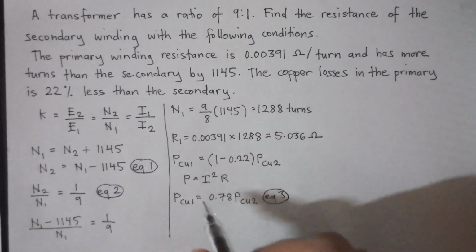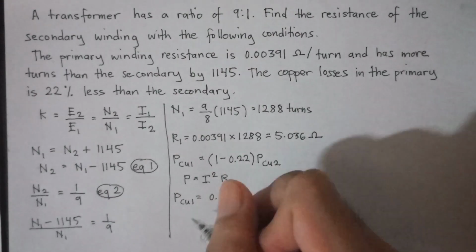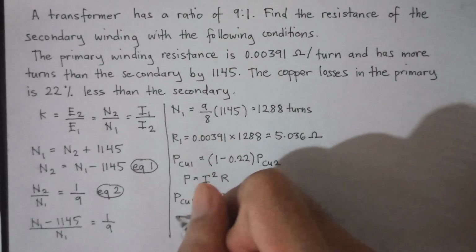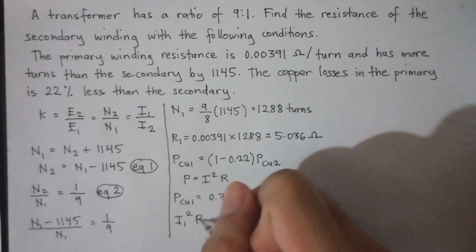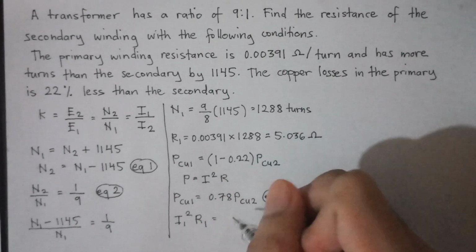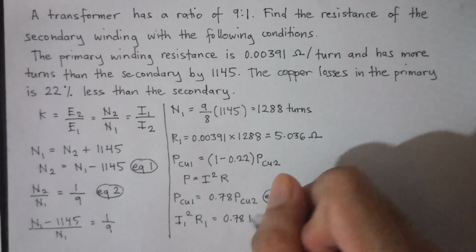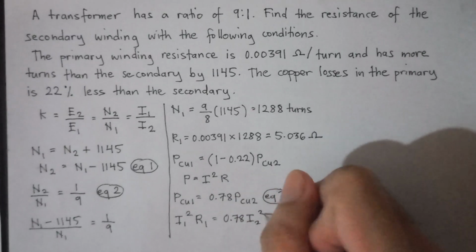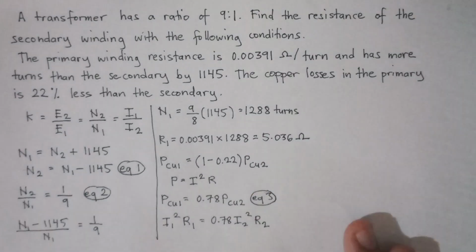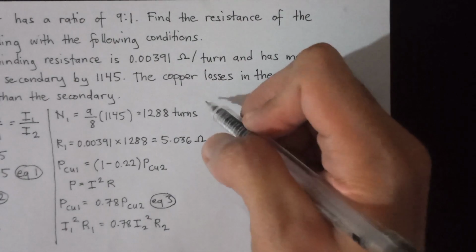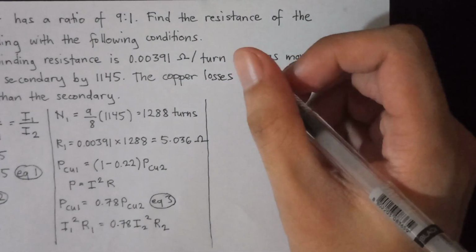So expressing this equation in terms of the current and the resistance, that is I sub 1 squared times R sub 1 is equal to 0.78 times I sub 2 squared times R sub 2. We are required to solve for the resistance in the secondary winding.